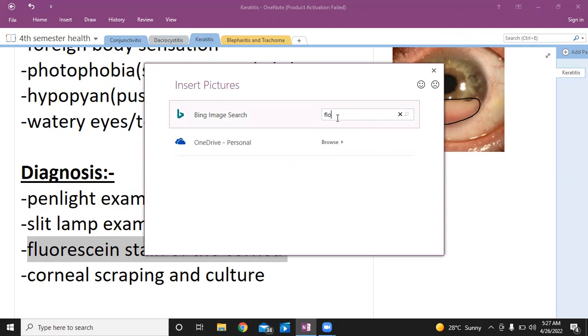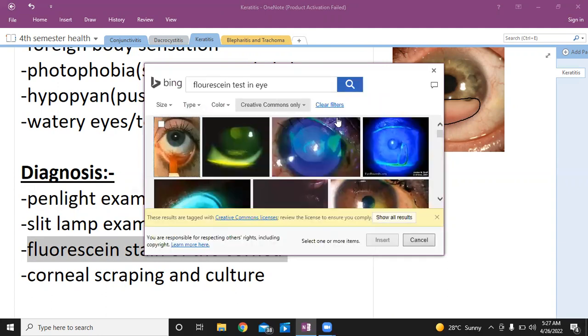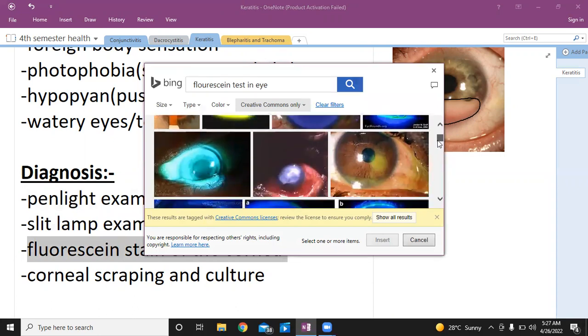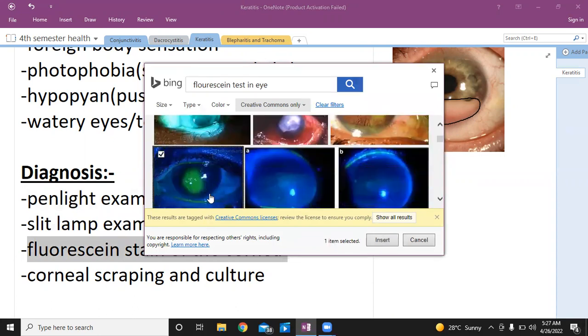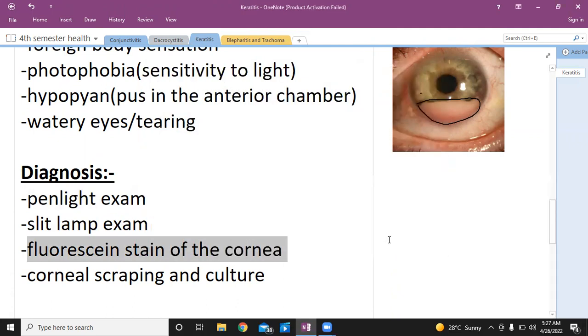Very, very important, the fluorescein test. Now you know that fluorescein is actually a stain, and you put it in your eyes.